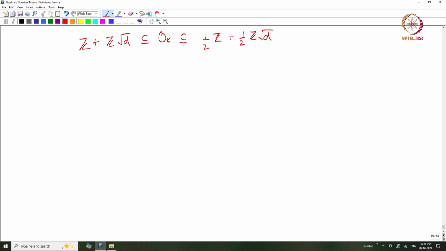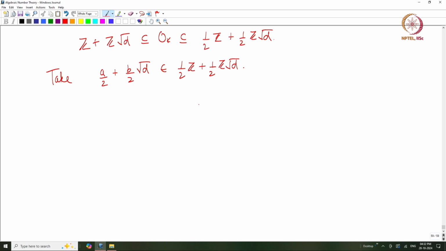So, the second inclusion will never be an equality, but the first inclusion can be strict as well. Okay. So, what we do is we take a by 2 plus b by 2 square root of d in half Z plus half Z square root of d. This just means that a is an integer, b is an integer.